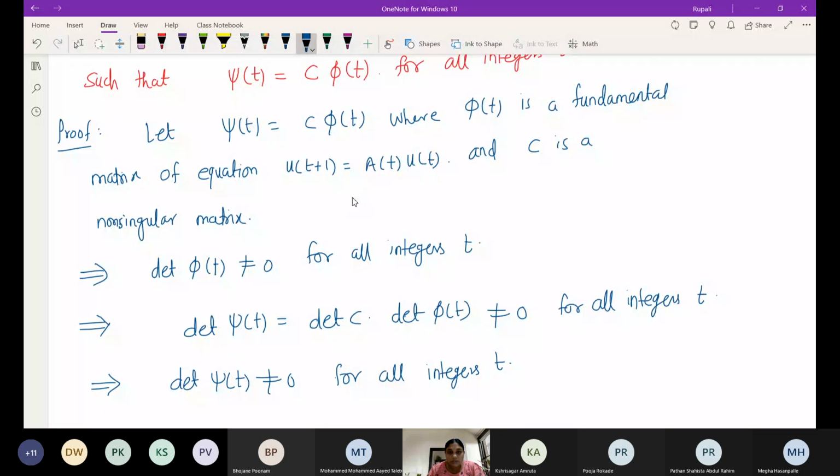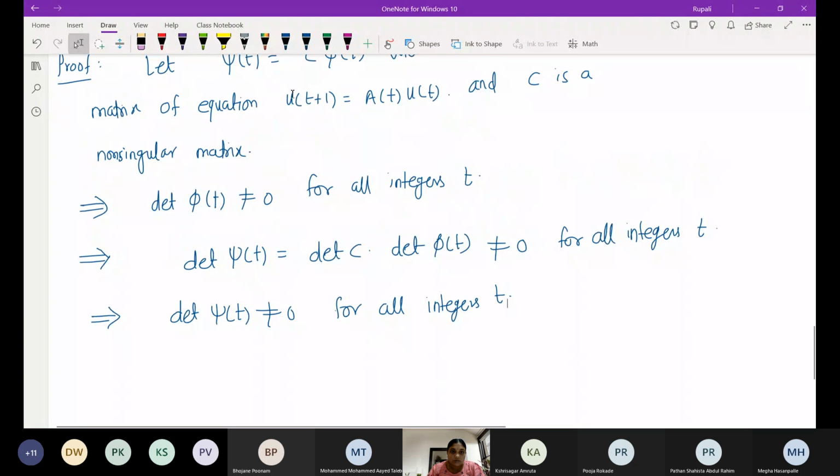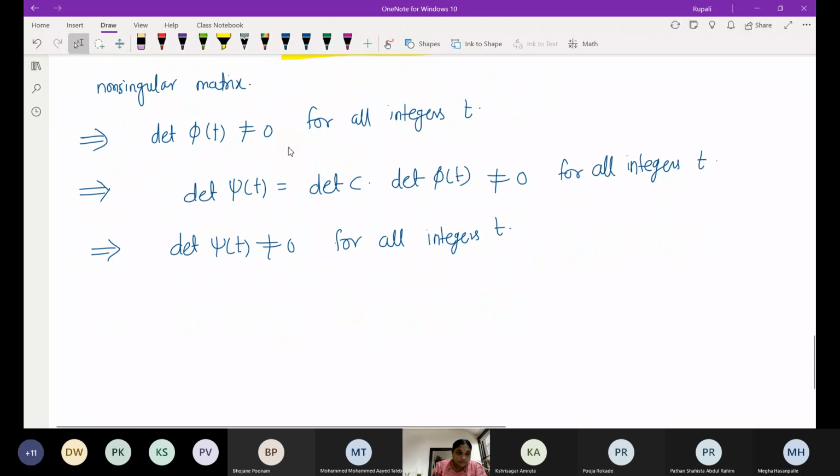And now what is remaining to show? I can say psi t is a fundamental matrix if it is a solution of the matrix analog of this equation. So what is psi at t plus 1?